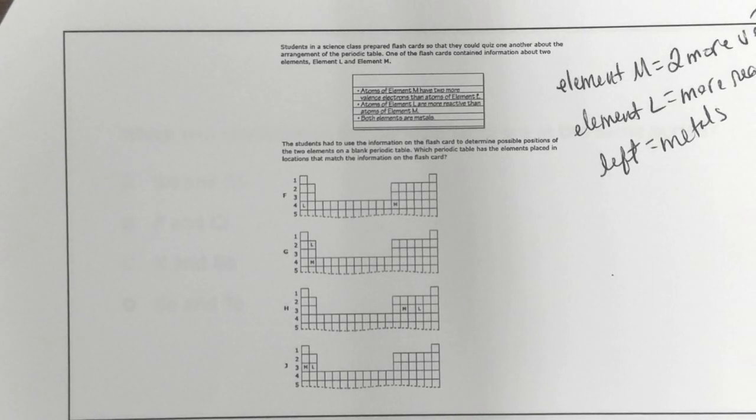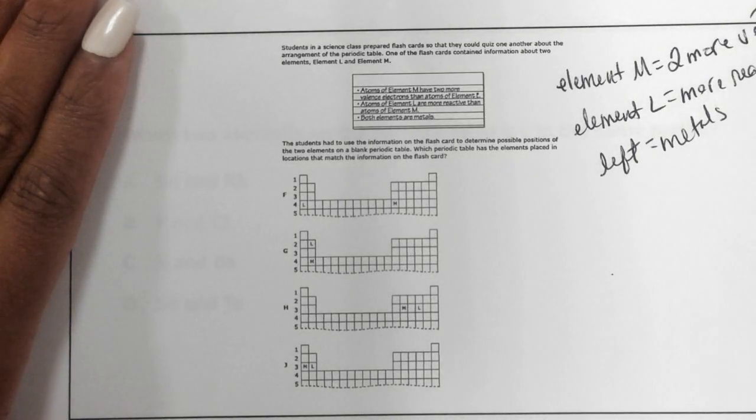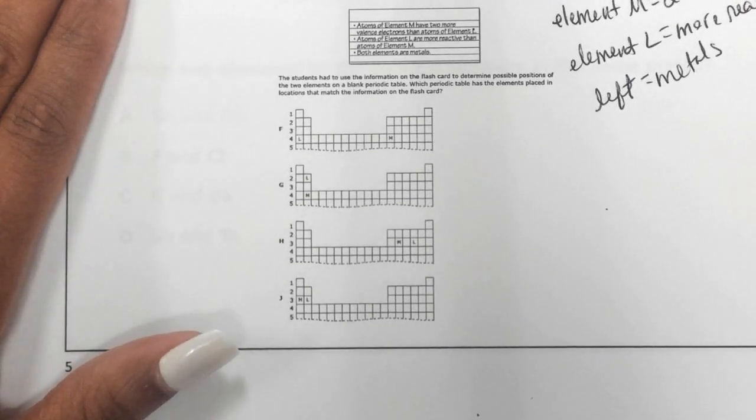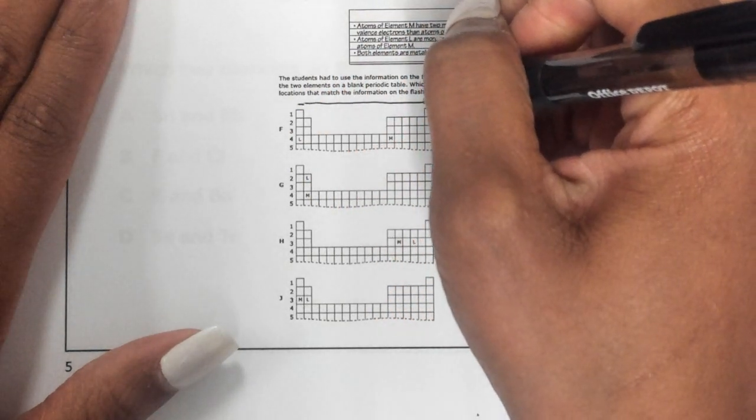Now, let's see what I can quickly identify. Element M has 2 more valence electrons. Valence electrons tell me the group number, which are these, right here at the top.